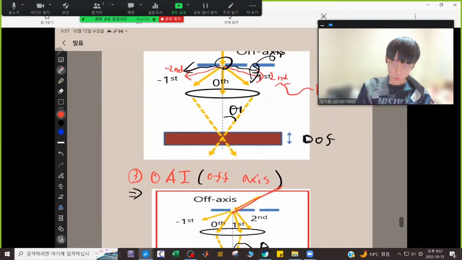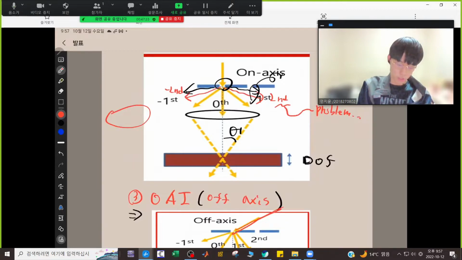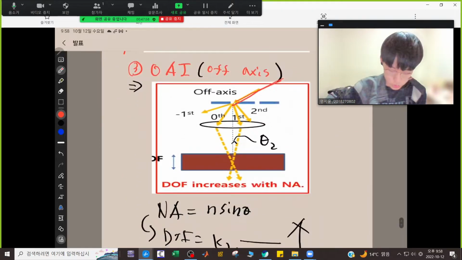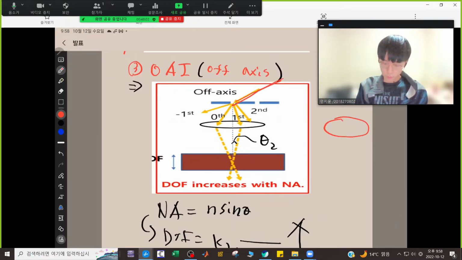Because in the before picture, the exposed light spread very broadly and had a big angle, but with off-axis illumination, the diffraction waves are projected to the wafer within a small region. So the exposed angle is smaller than in the before picture.